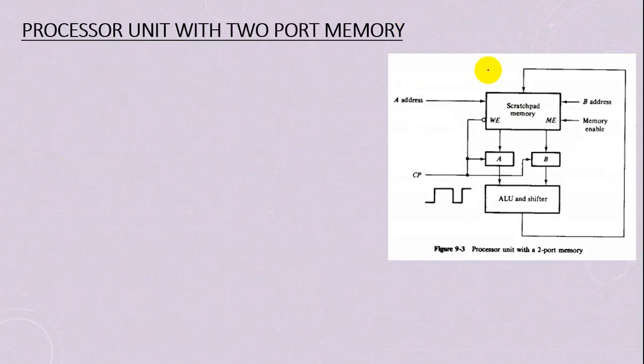So this two-port memory can improve performance over the SCRATCHPAD memory. So we have seen three organizations: bus organization, SCRATCHPAD memory, and the two-port memory.